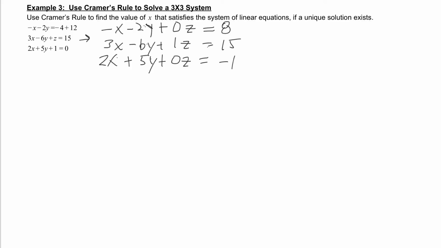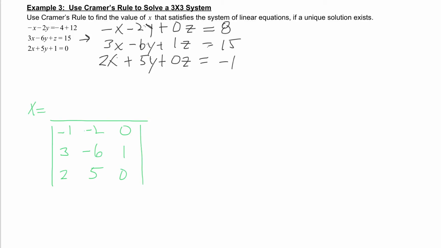So if I set it up, I get x is equal to, then remember the denominator is going to be my coefficient matrix. So down here, I'm going to set it up as negative 1, negative 2, and 0, 3, negative 6, and 1, 2, 5, and 0.